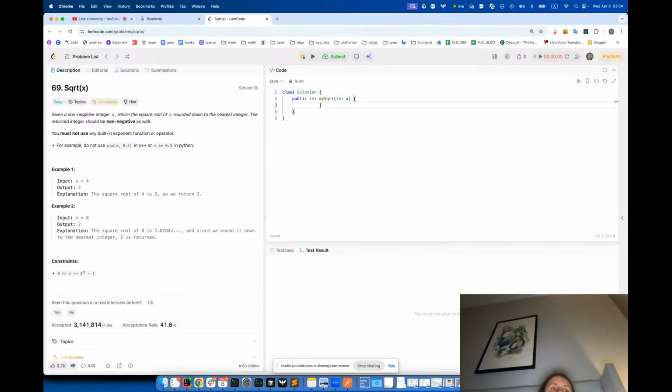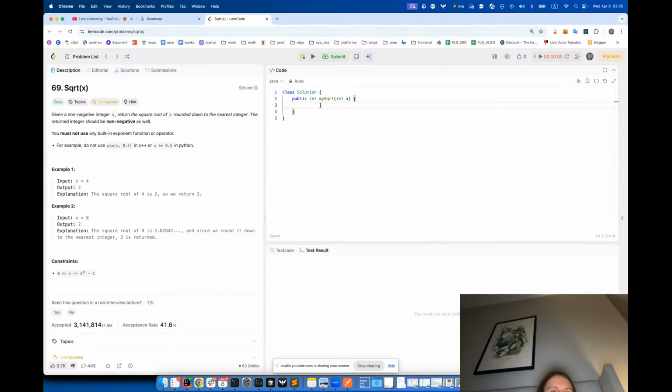Square root of x. We're given a non-negative integer x. We have to return the square root of x rounded down to the nearest integer. The returned integer should be non-negative. For example, we have 4, and the square root of 4 is 2.